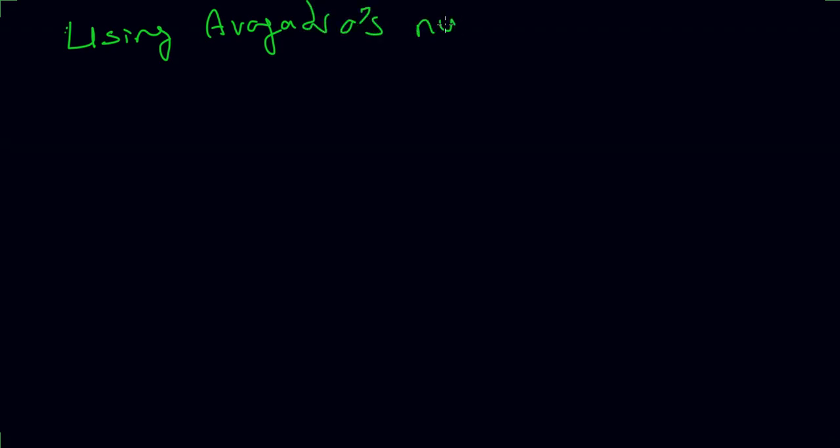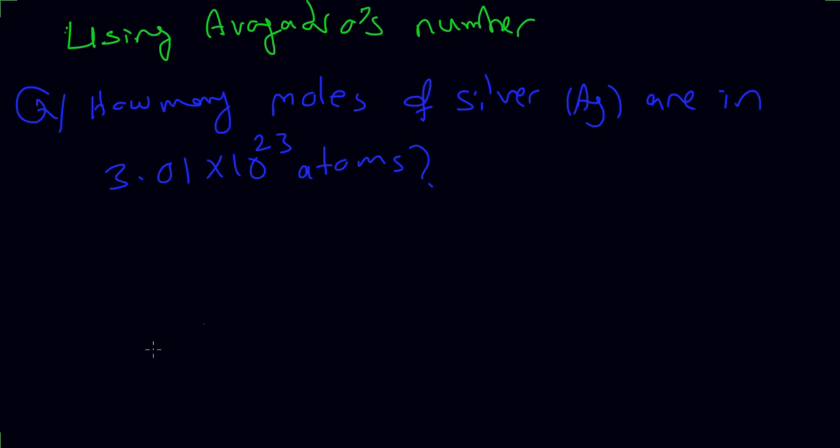Okay, here using Avogadro's number. The question is that how many moles? So here mole is unknown, number of moles unknown. In silver are in 3.01 multiplied by 10 to the power 23 atoms.